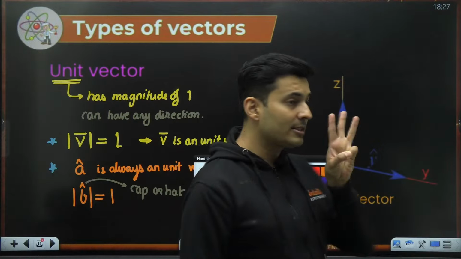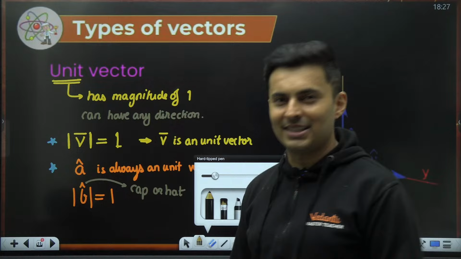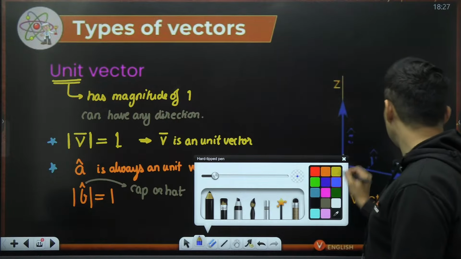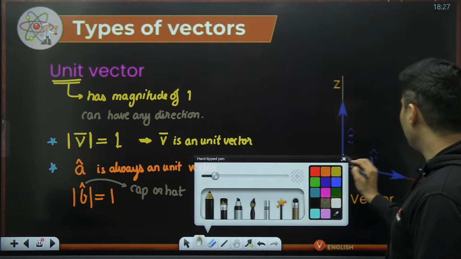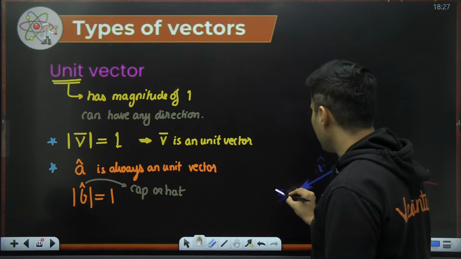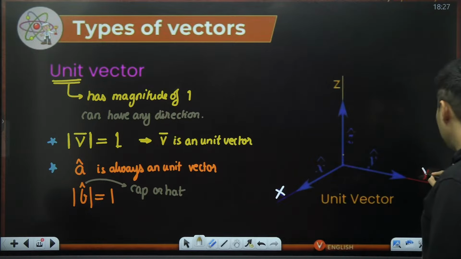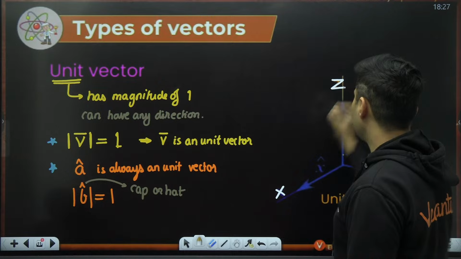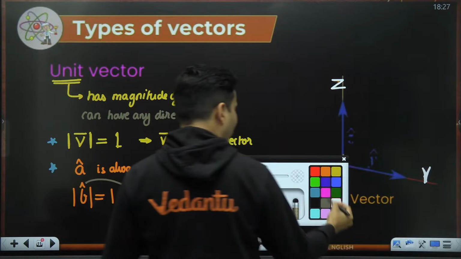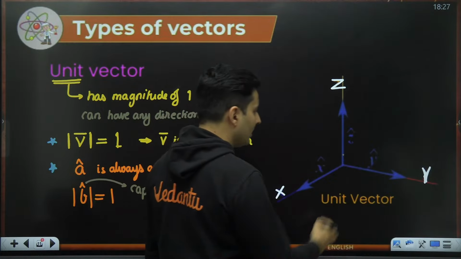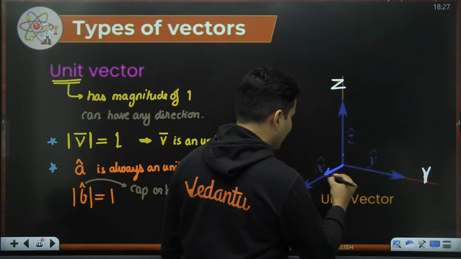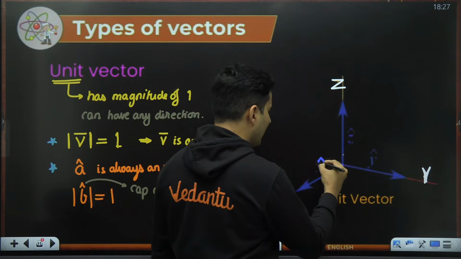But there are three special unit vectors which we have in physics. Three special unit vectors. Can you see over here? This is basically, for example, the x-axis. Let's say this is the y-axis. And let's say this is the z-axis. A unit vector in the direction of the x-axis is called i cap.